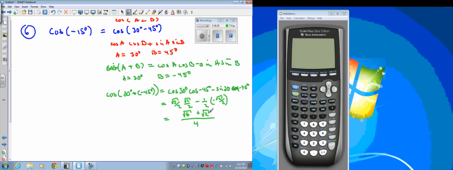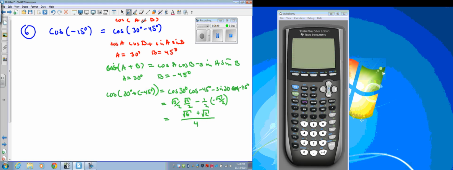Now if I do it right, then that other one should be the same thing, correct? Let's go up there and put 30 and 45 in this one. Do you see what I'm doing?